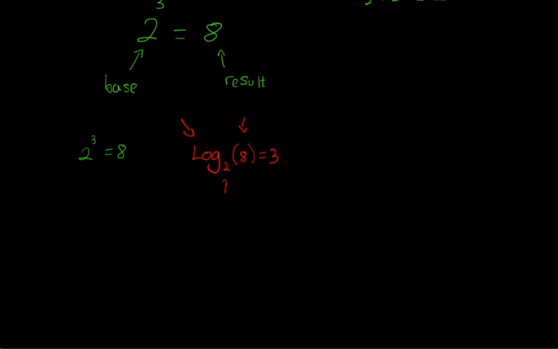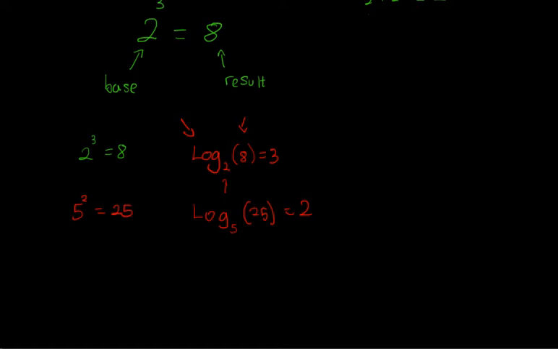Let me give you another example. Let's say I had 5 squared. What does 5 squared equal? Simply 25, right? So how am I going to express this in the logarithmic way? I'm going to say that the log to my base, which is 5, that gives me 25 is 2.